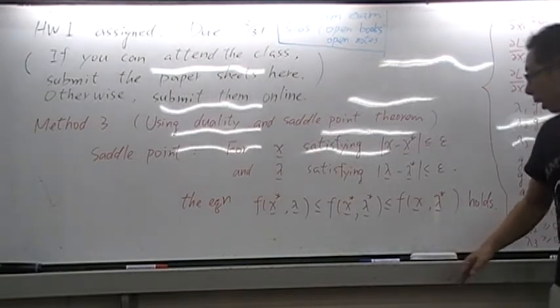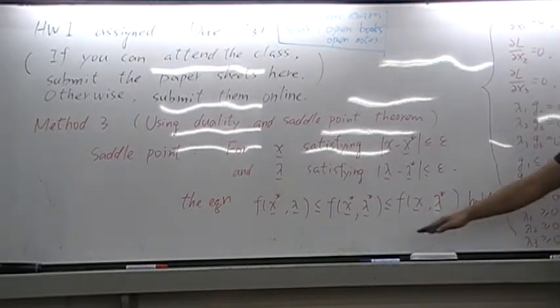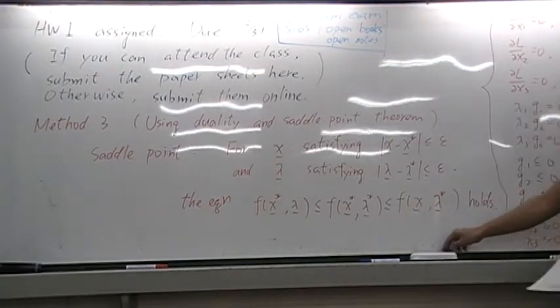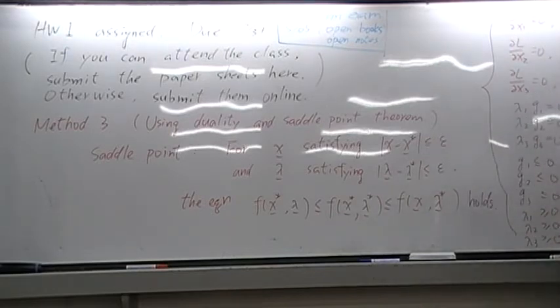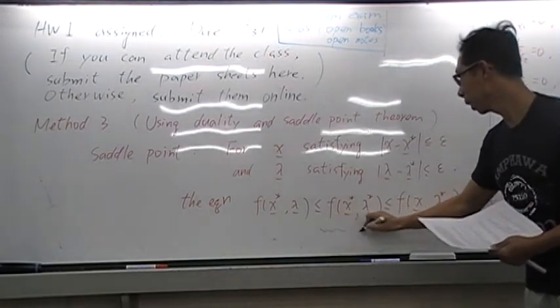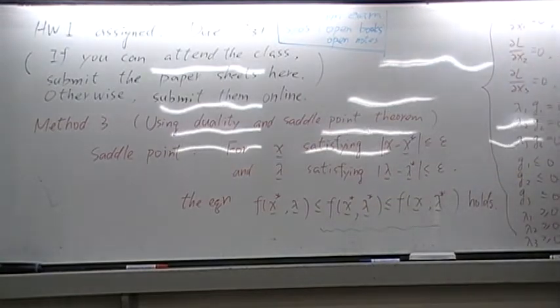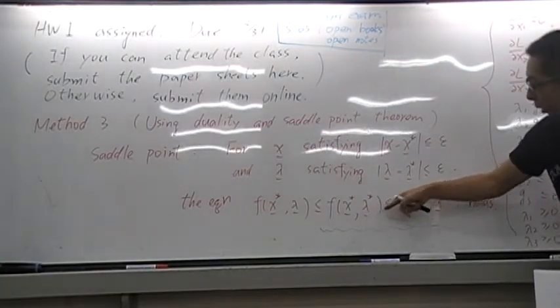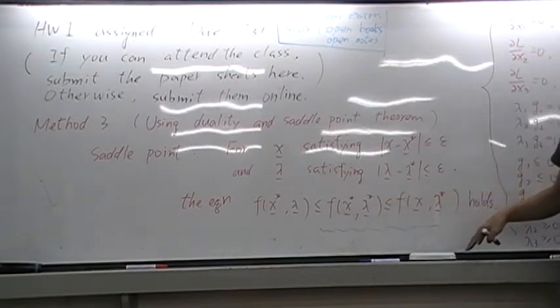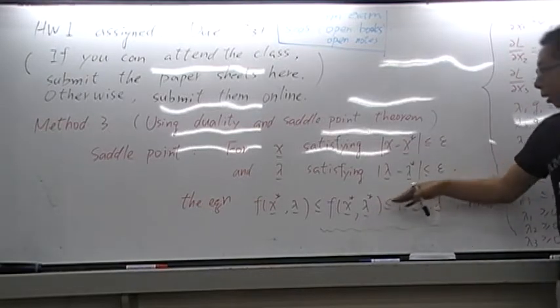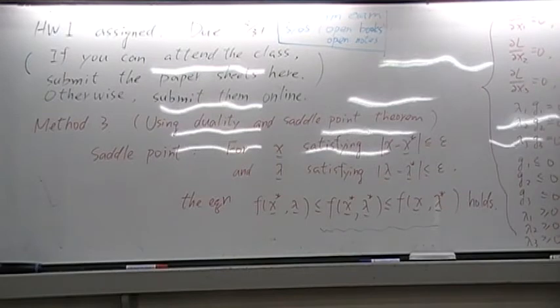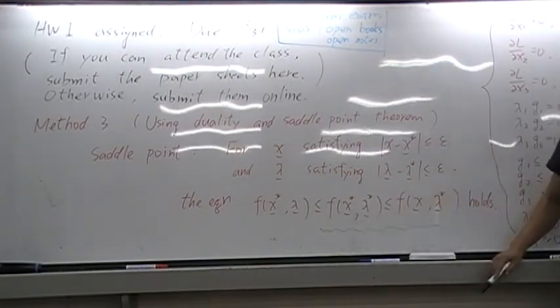at how about taking a look at this part? If we look at the two functions over here, don't you think it just means that x star is a local minimum?